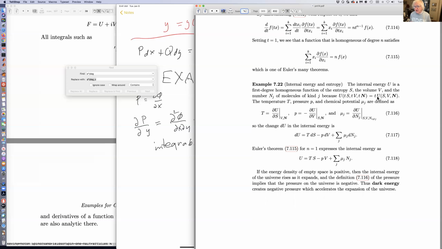And on the other hand, the derivatives of the internal energy with respect to each of these variables, with the others held constant, which is what we mean by a partial derivative, are defined as the temperature, and we have a minus sign for the pressure, and then this is the chemical potential.